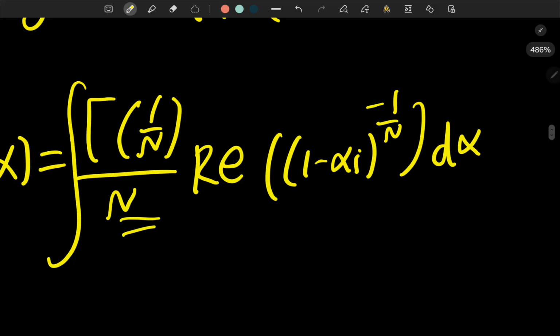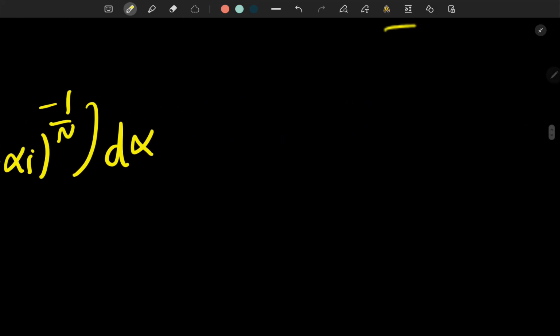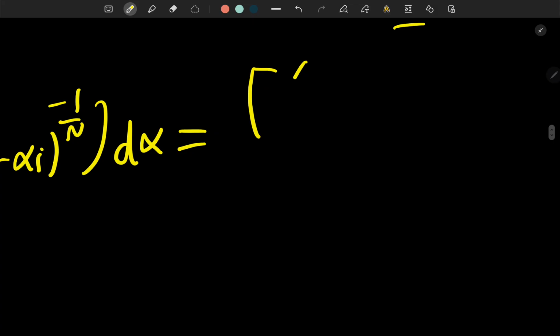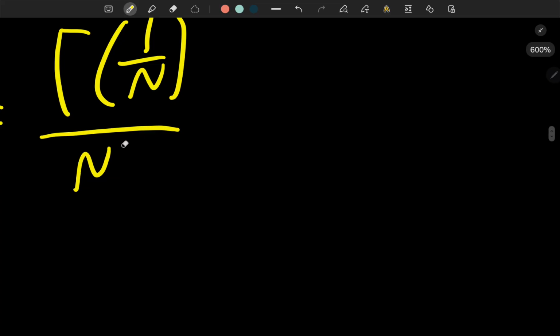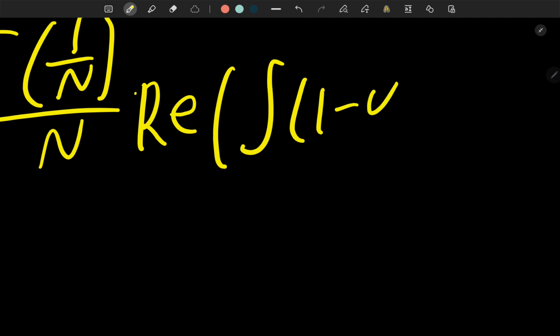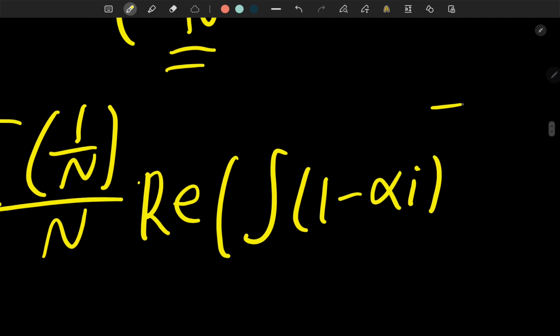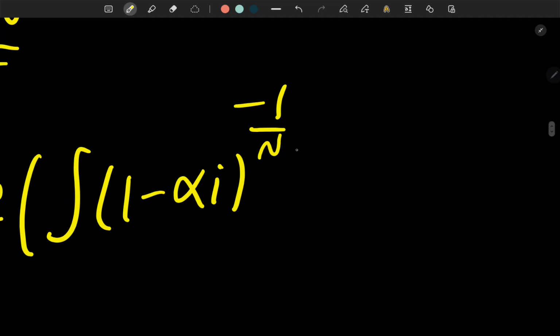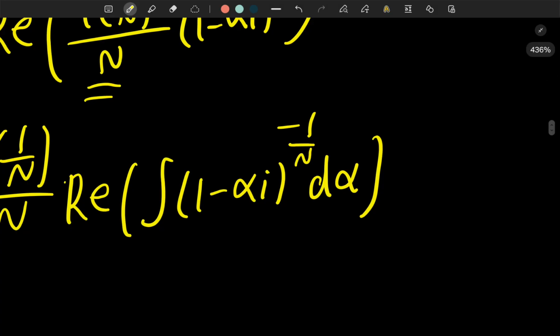This is just a constant term, so we can bring it out of the integral. So this is gamma of 1 over n divided by n times the real part of the integral of 1 minus alpha times I to the negative 1 over n d alpha. Not gamma, it's alpha. I sometimes mix up the Greek letters. It's okay though. This would be alpha.